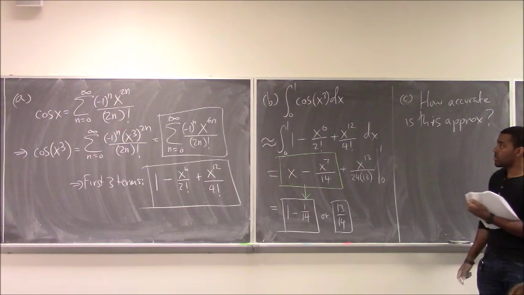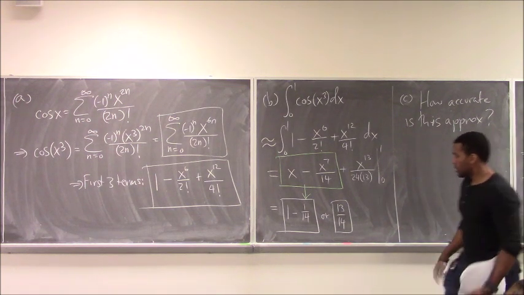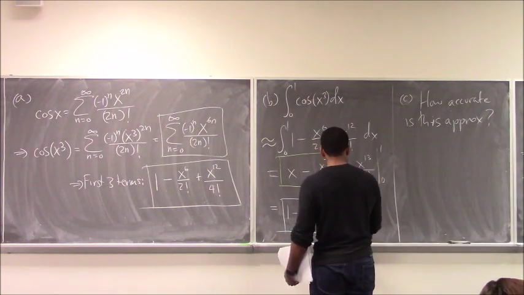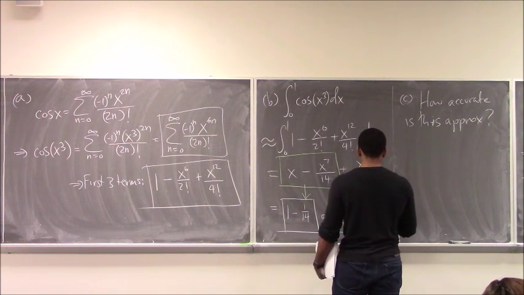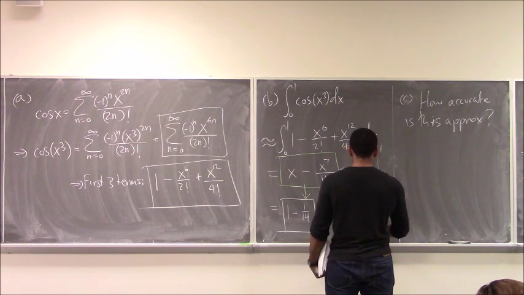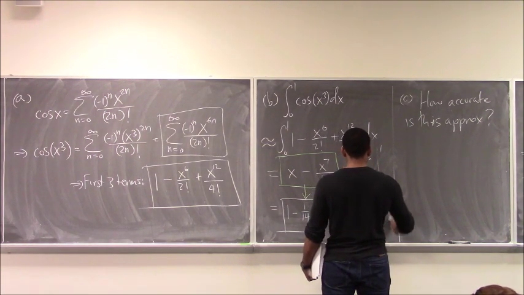The next term. That's over 13 times 24. So notice here, if I had computed the third term, this would give me, I plug in 1 over 24 times 13 minus plug in 0. This would have been the third term.